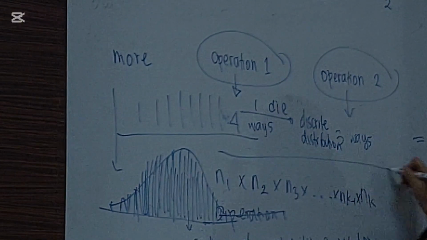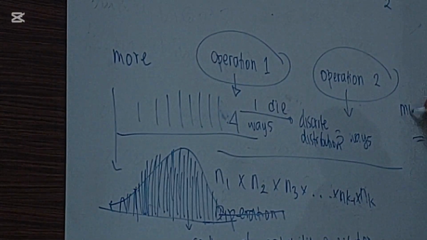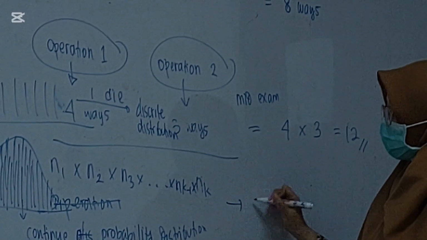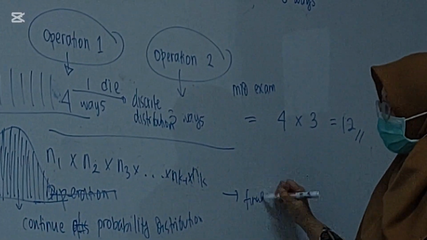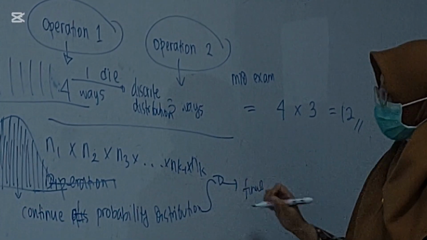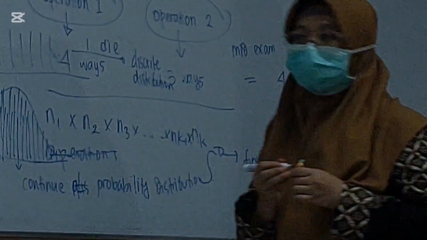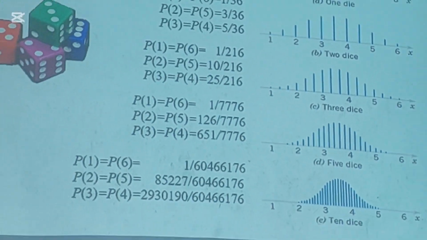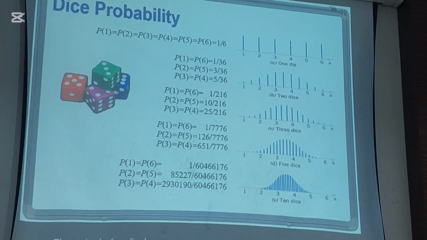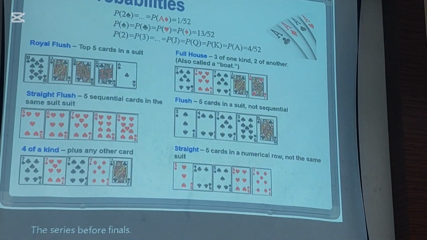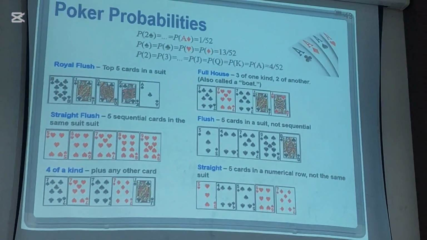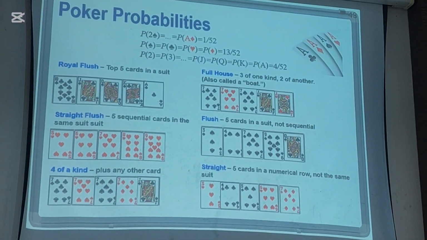This is before the final. About continuous probability distribution. So this probability is a basis for linear regression distribution. This is about the probability.